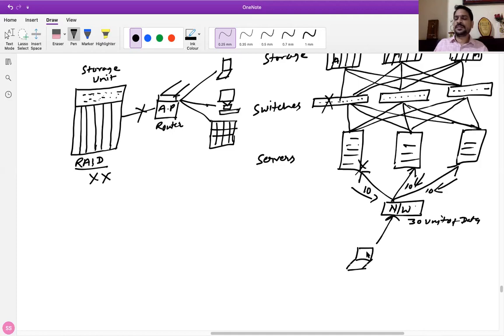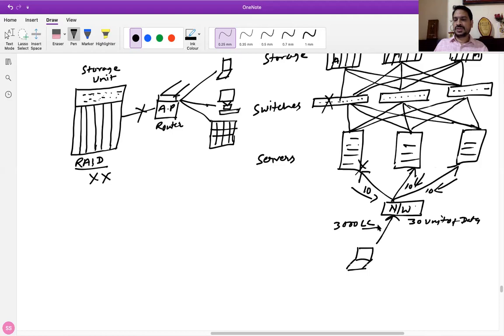As well, let's say we have 3000 lines of code, and it needs the server and the memory so that it will execute as quickly as possible. So it will use this particular architecture.